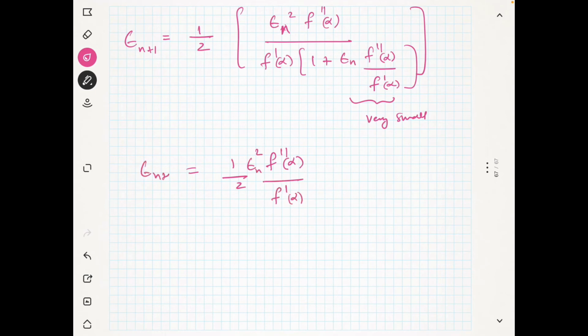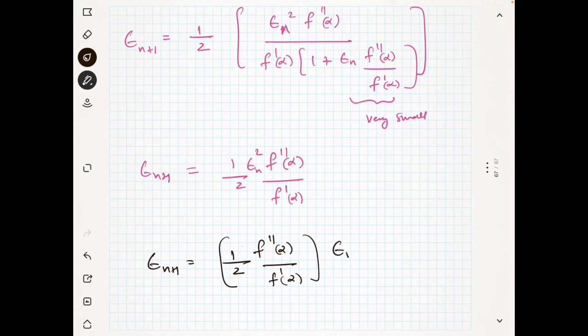So this is your epsilon n plus 1. Epsilon n plus 1 is equal to half of f double dash of alpha divided by f dash of alpha, some constant, into epsilon n square. So this is what you are getting.